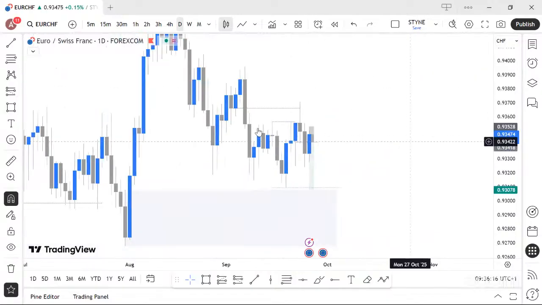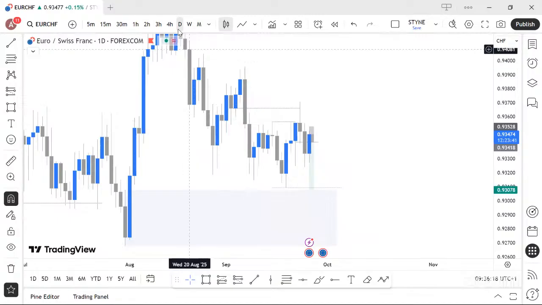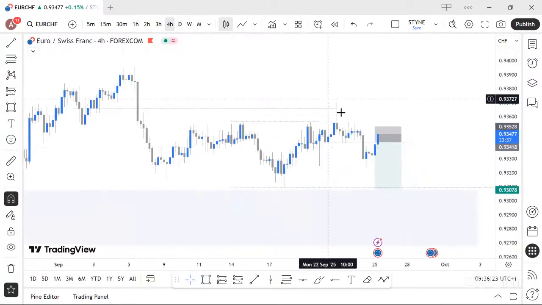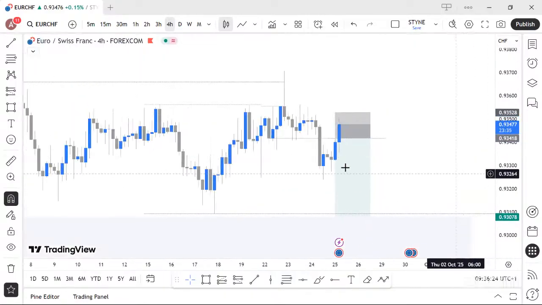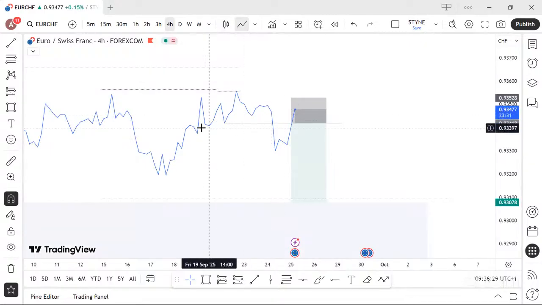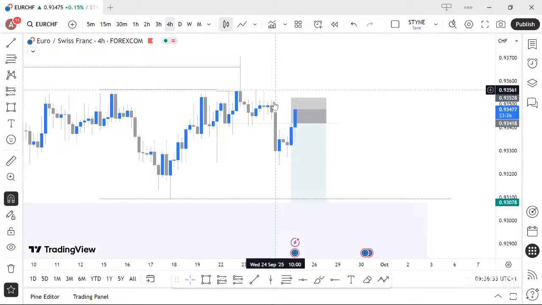So what I saw here is this key level. What I wanted price to do on the 4 hours is that, after touching here, price expands to the downside, and that is where this expansion is coming from. You can see that on the 4 hours time frame, we had another area here where price interacted a couple of times before breaking with a fair value gap. Let me draw it out.